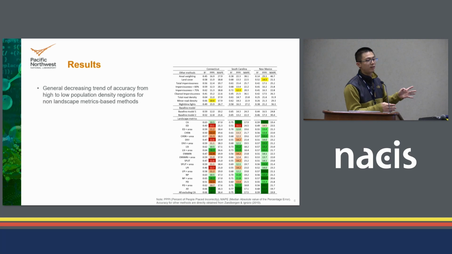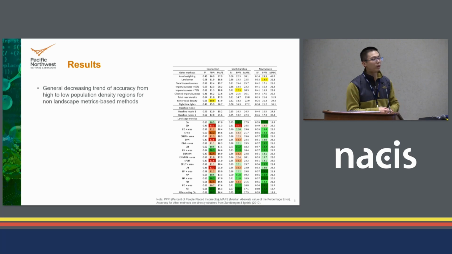Connecticut has the highest population density, New Mexico has the lowest density, and South Carolina is in the middle. If we observe the upper portion of the table, we can see that for those other ancillary datasets, the accuracy has a decreasing trend as we move from high population density regions to low population density regions.